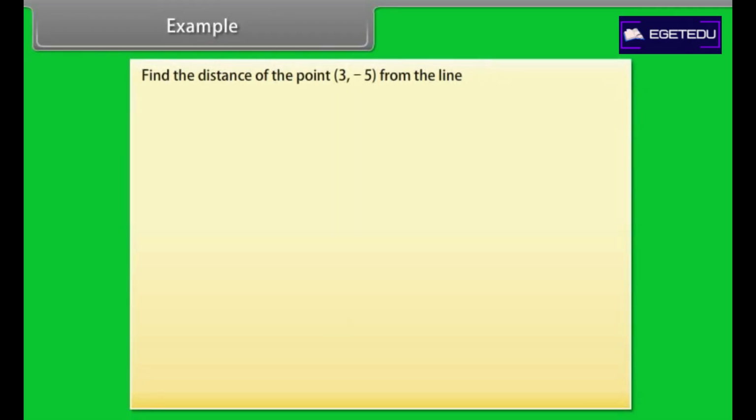Example. Find the distance of the point (3, minus 5) from the line 3x minus 4y minus 26 is equal to 0. Solution. Given line is 3x minus 4y minus 26 is equal to 0. Mark it 1.